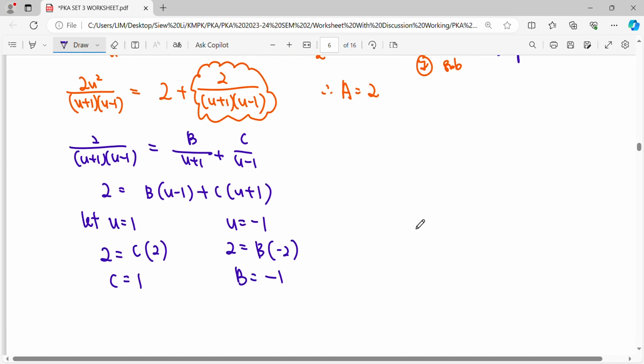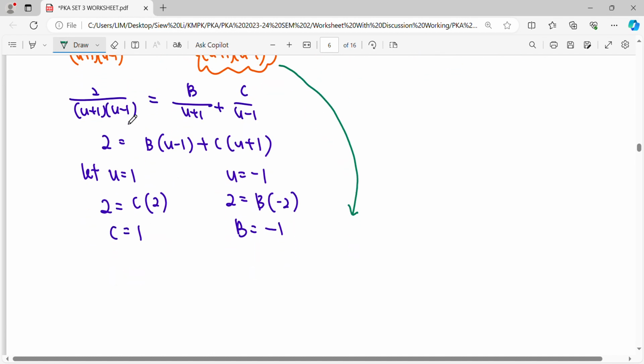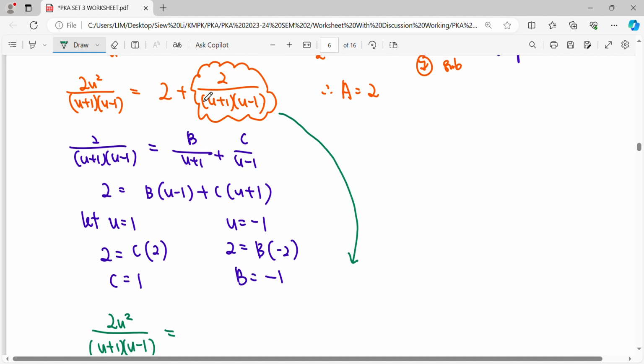So lastly, refer back to the original fraction, where our original fraction is 2u squared over u plus 1, u minus 1, equals the quotient. We already found A is 2, plus this part expressed in partial fraction, where B is negative 1.